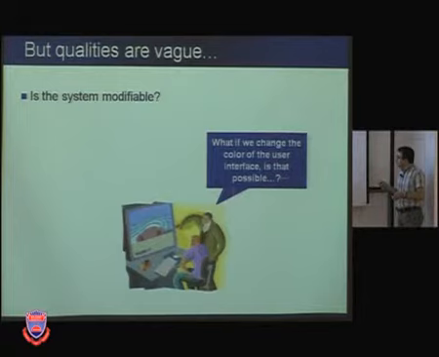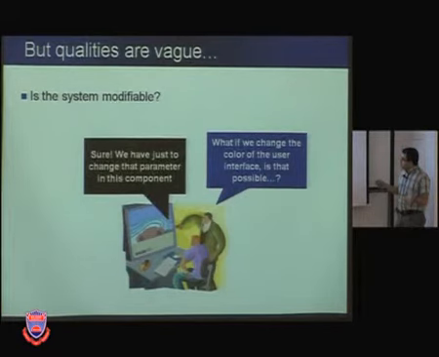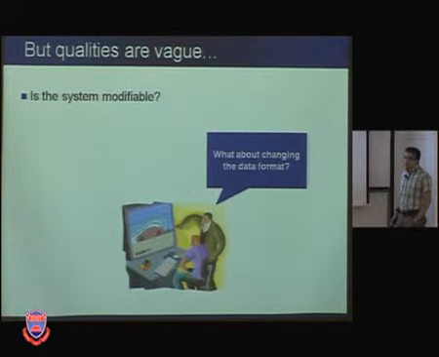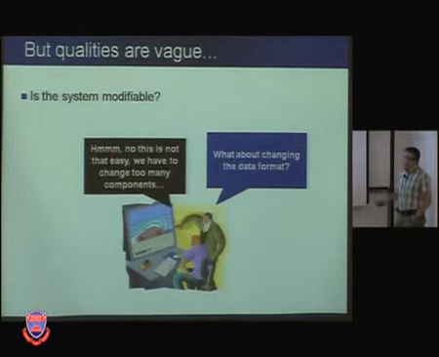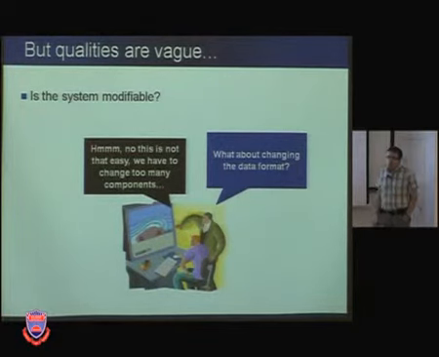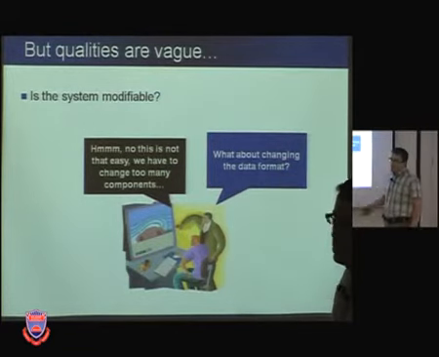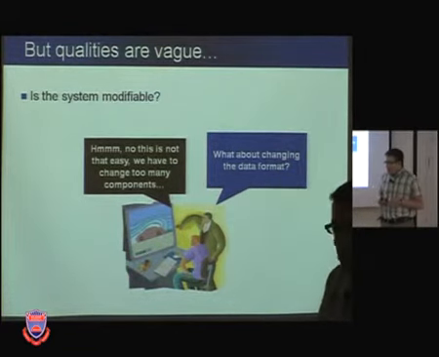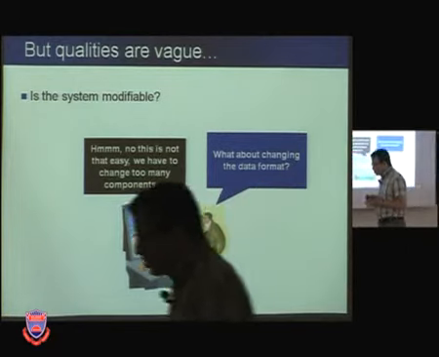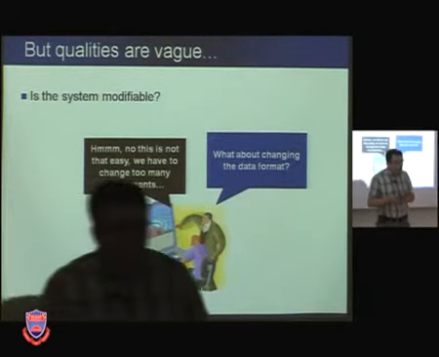You could say, what if we change the color of the user interface? Is that possible? Sure, we just have to change that parameter. So this is possible. What about changing the data format? It's also about modifiability. This is not that easy. So quality is vague, and we should make it more precise, more concrete.